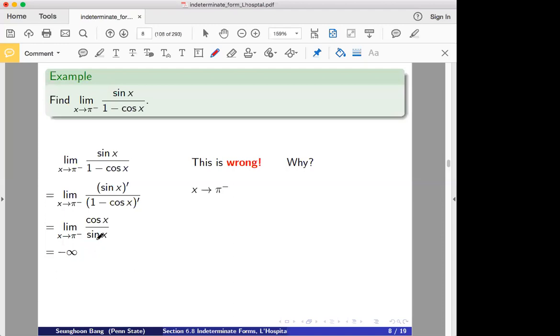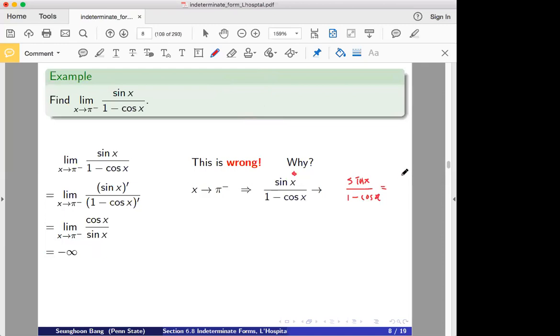The x value approaches pi from the left. Before using L'Hopital's rule, you can check. When do you use L'Hopital's rule? Just for 0 over 0 form or infinity over infinity form. So you can plug pi in here: sine of pi over 1 minus cosine of pi.